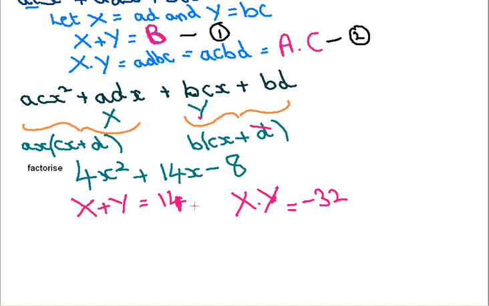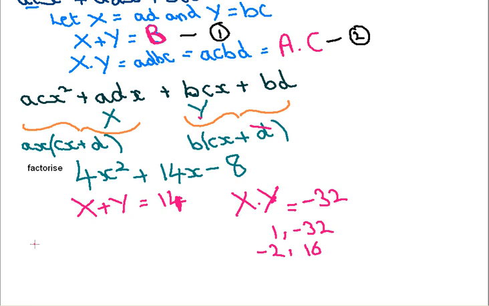So we need two numbers that multiply together to equal minus 32 and add together to equal 14. So 1 and minus 32 isn't going to be it. I think we need a positive big number, so we have minus 2 and plus 16. Yep, those two added together will give us 14.